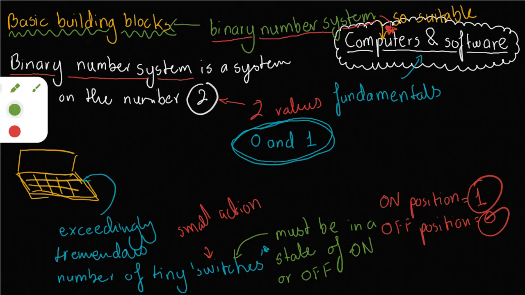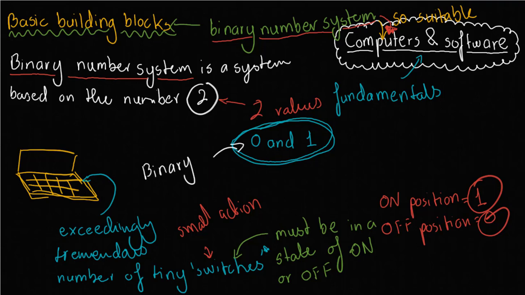Now before we end this lesson, just a quick brief for the next lesson: these two values, 0 and 1, which the binary number system is entirely based on, are called binary digits.